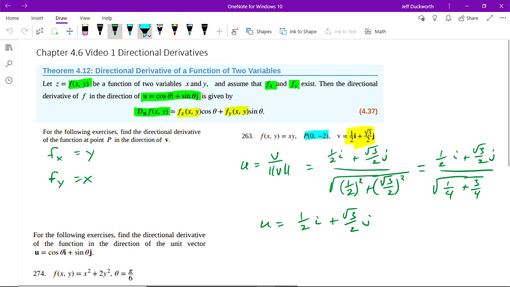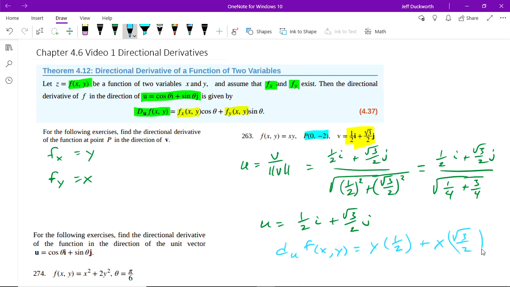Essentially, we have the directional derivative of this function is equal to y times 1/2, because that's what we have there, plus x times root 3 over 2.